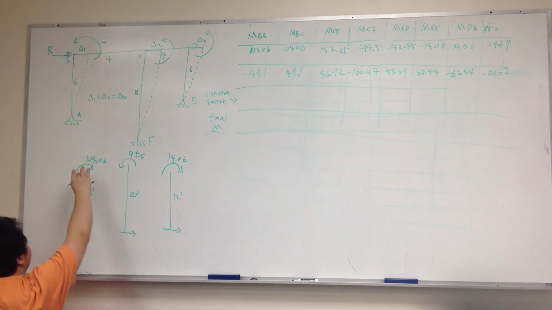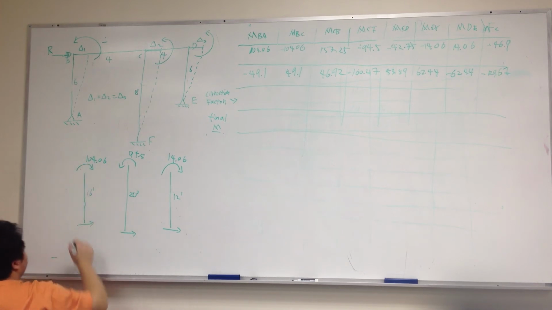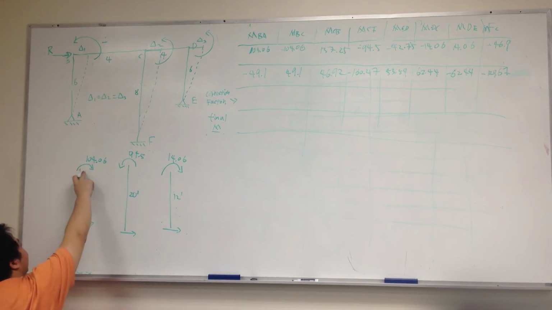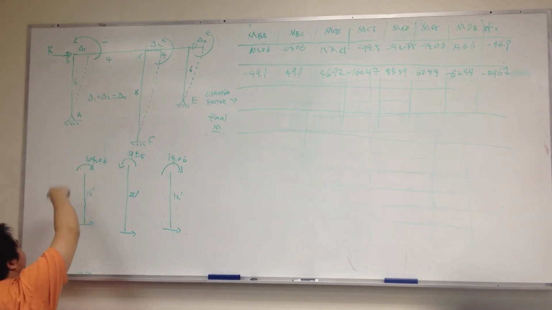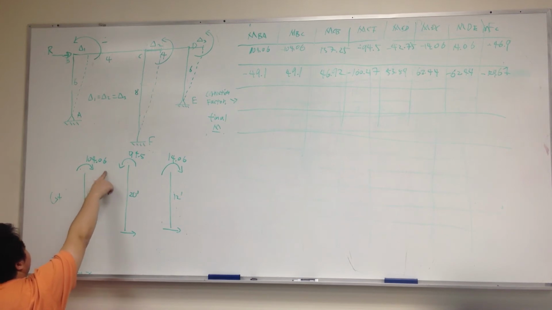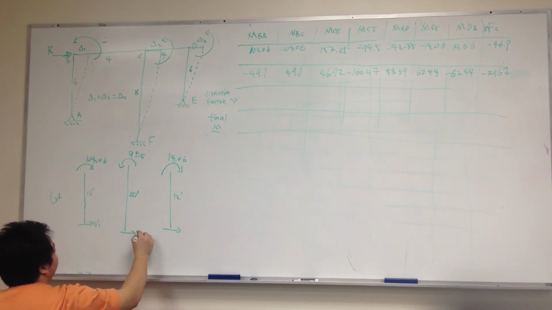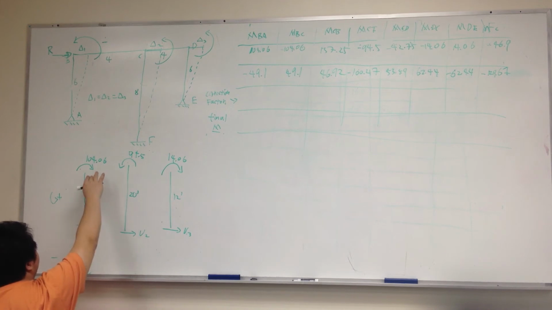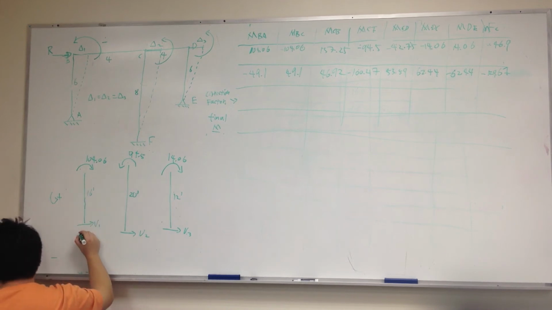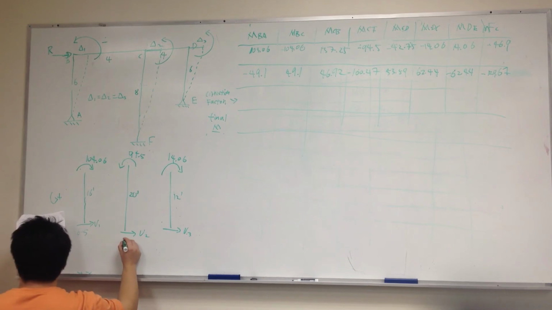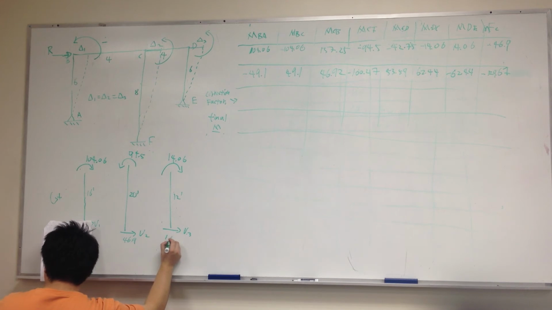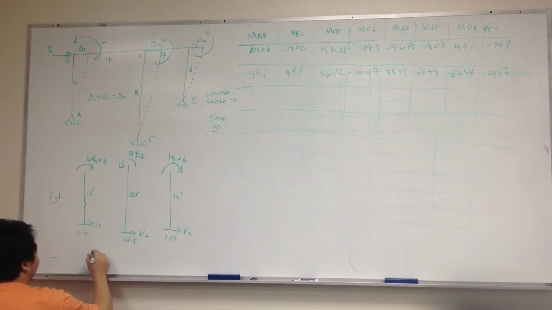So you take the moment, you sum up the moment at this point. You should know how to do it. Turning this way is positive, so you're going to have negative 104.06 plus V1, V2, V3. V1 times 16, and then you find this V. So V1 is equal to 6.5, V2 is 46.9, 1.17. So you add them.